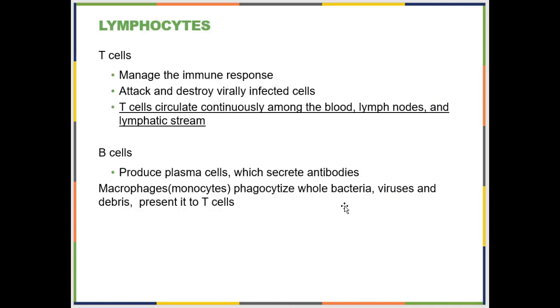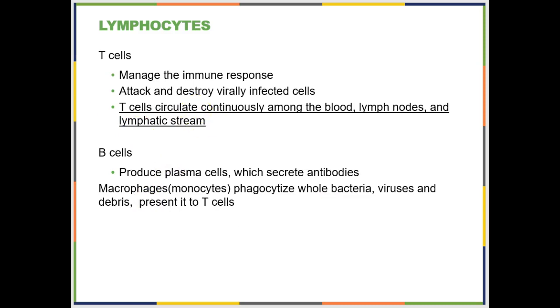Lymphocytes for now, we're not going to spend a lot of time on because we have the whole next chapter coming up. For now, just know that T cells we are going to associate with viruses, and B cells we are going to associate with antibodies. And both of these cells actually circulate continuously.